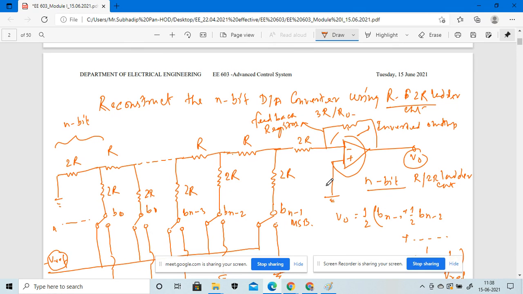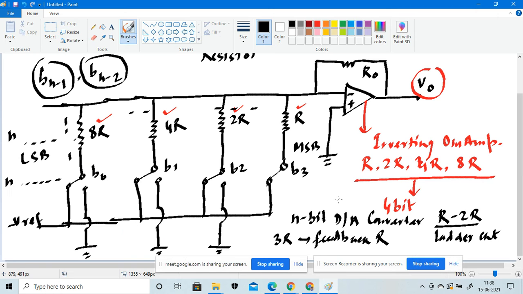No, sir. So actually, my question is, what will be the difference between this R-2R ladder circuit and the weighted resistor circuit? Can anyone tell? Anjali, here in the paint, whatever diagram we are considering, this will be the weighted resistors, right?